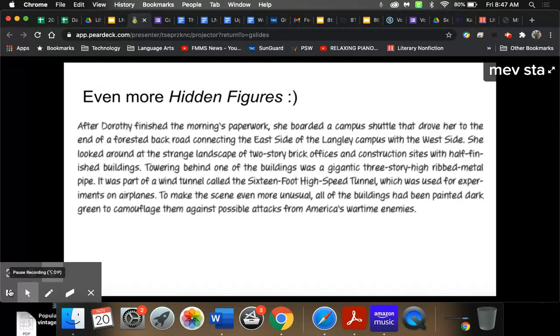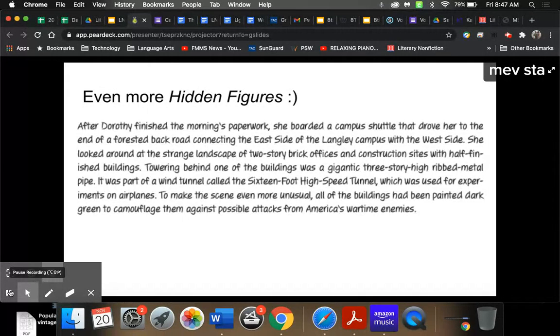After Dorothy finished the morning's paperwork, she boarded a campus shuttle that drove her to the end of a forested back road connecting the east side of the Langley campus with the west side. She looked around at the strange landscape of 2-story brick offices and construction sites with half-finished buildings.